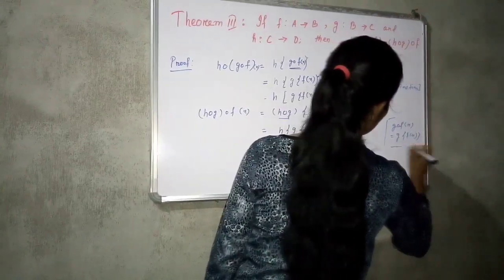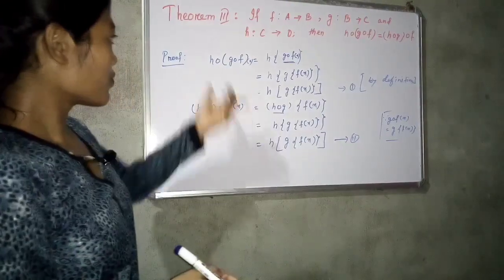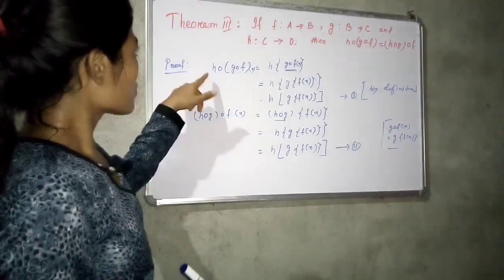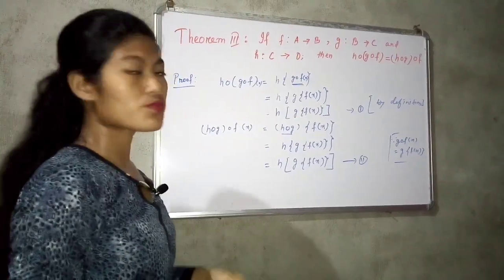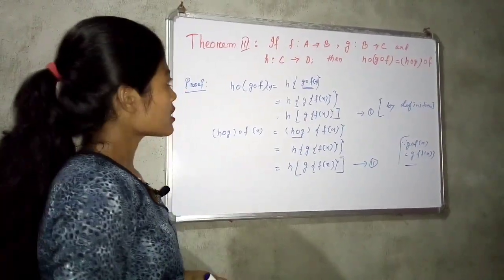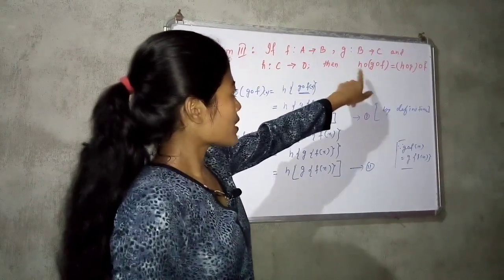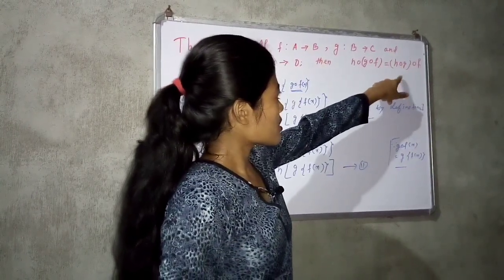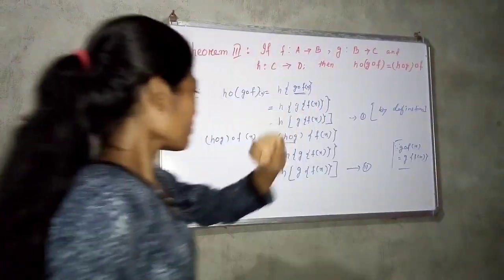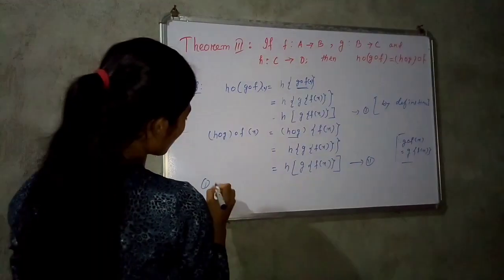And actually we are applying this, so this proof comes here. So if we have three functions, f goes from A to B, g goes from B to C, similarly h goes from C to D, then the composite function of h and g naught f equals the composite function of h naught g and f.